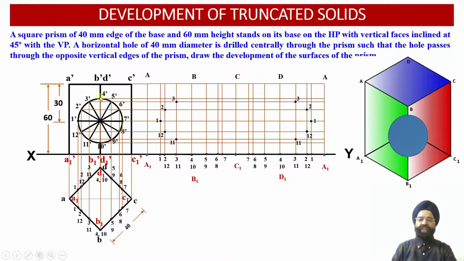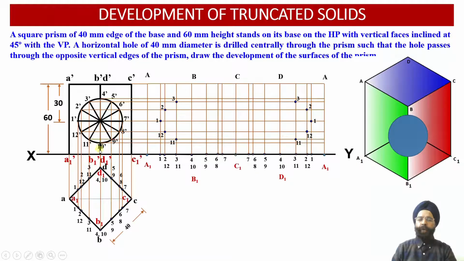Now the next 2 points of intersection happen to be 4 and 10. 4 and 10 have coincided with B1 and D1 respectively, B1 in the front face, D1 on the rear face. So let us evaluate the heights of these 2 points in the front view projection over here.